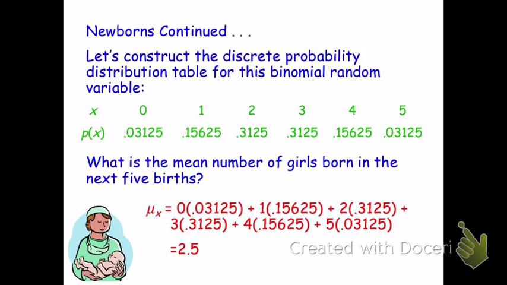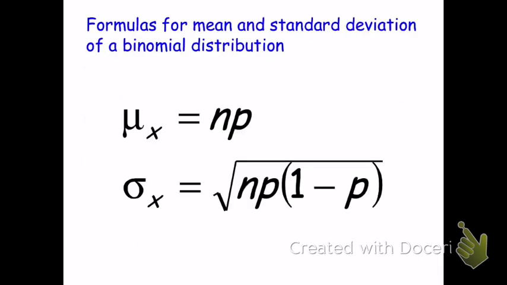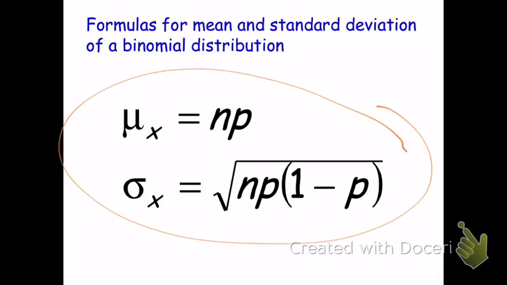You could put them in the lists and then do one var stats where list 2 is your frequency. Something else you could notice is that it's the same thing as multiplying n times p. These formulas are the formulas for binomial mean and standard deviation. They are on the formula chart.